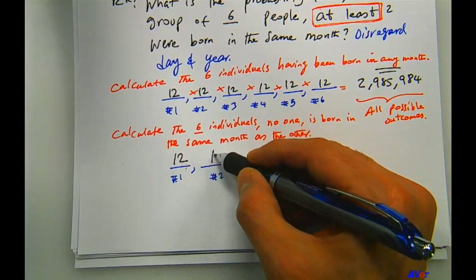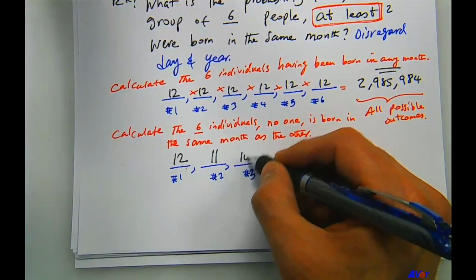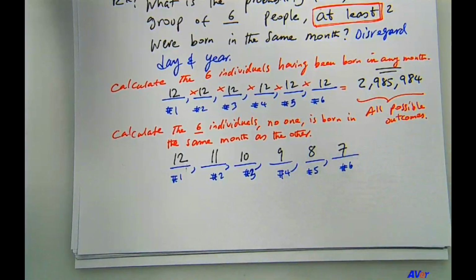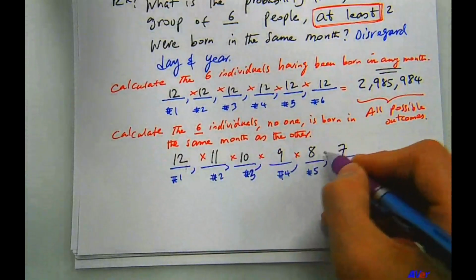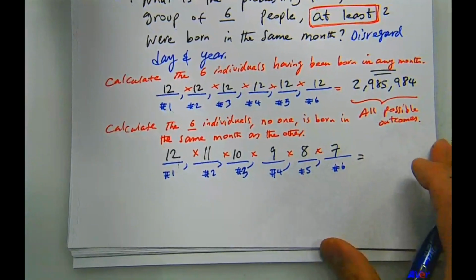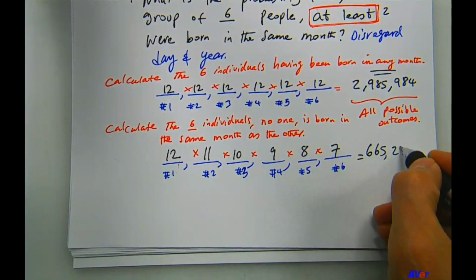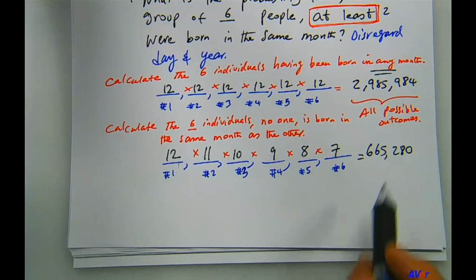So we have only 11 possibilities for this person. Then 10, and so on, 9, 8, and 7. So multiply all of these together, and we end up with 665,280. Right? That's the number of that.